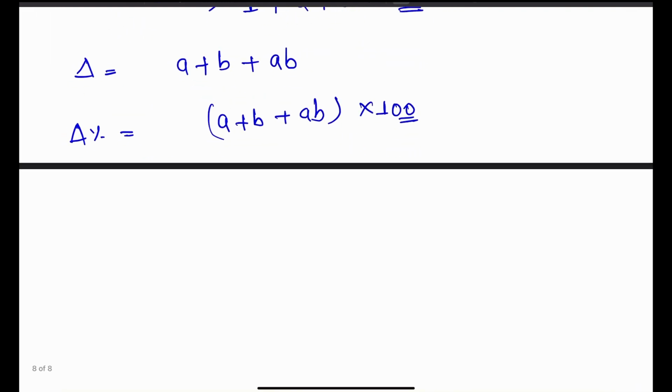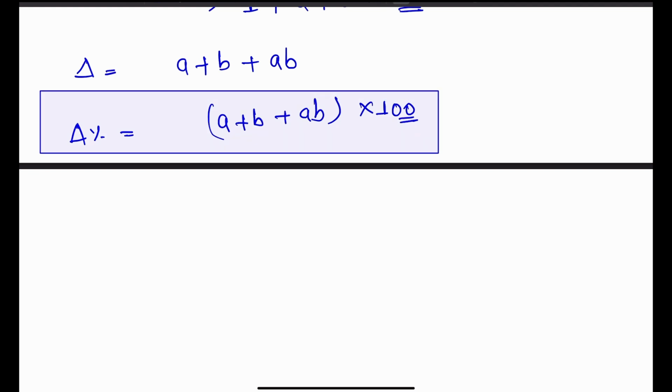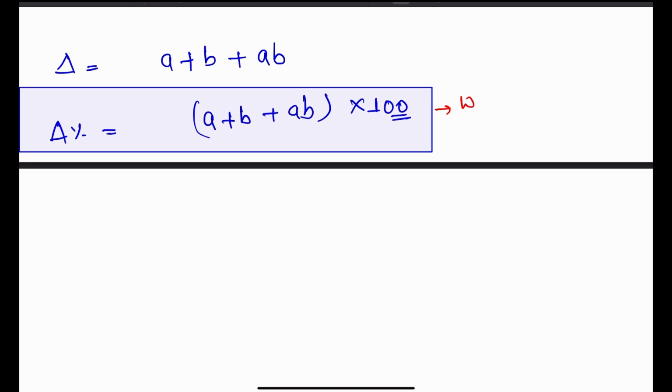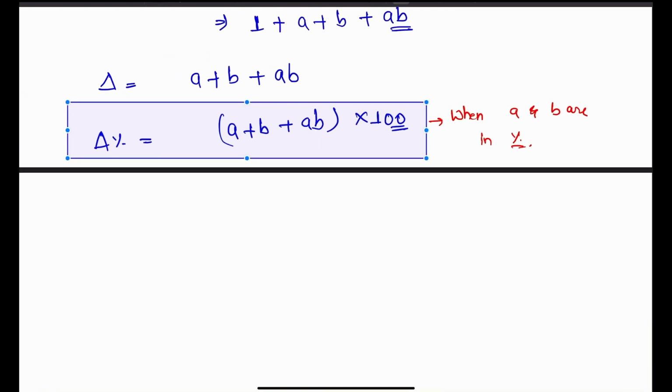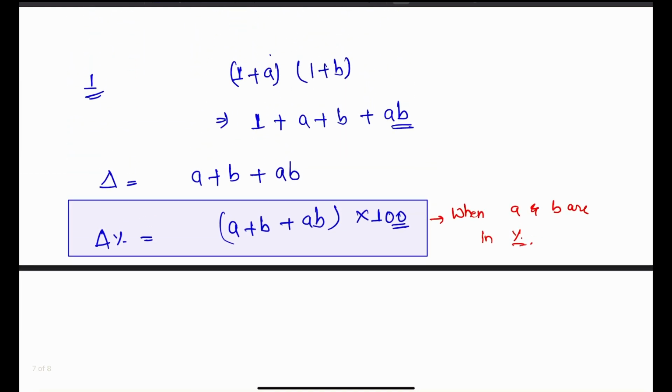So let me just highlight this one also, and try to confirm whether this is correct or not. When A and B are in percentage, for the sake of solving, A dash, so that confusion won't be there. With the red pen, A dash, B dash.